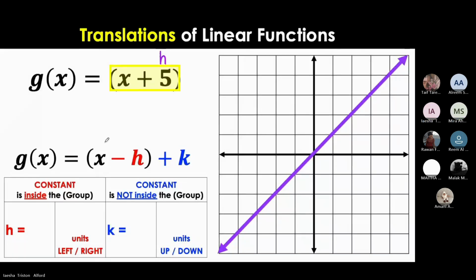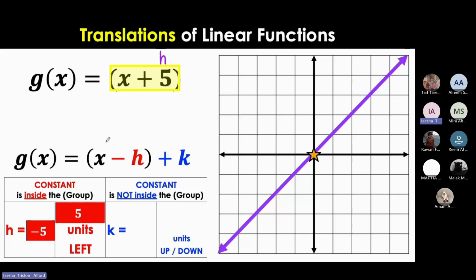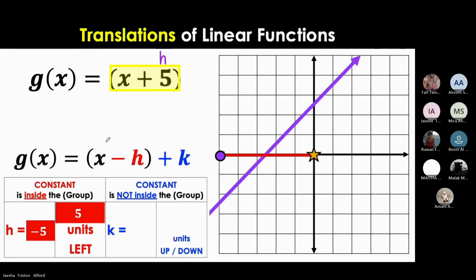You see a positive, but we should write what down for the answer? Negative, -5. It means we're going to go 5 units left or 5 units right? Left. So the line we have, we're going to move left 5 units. So slide it 5.